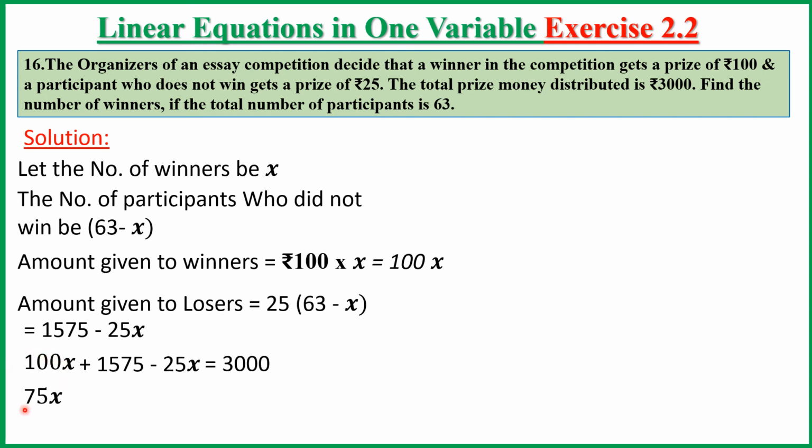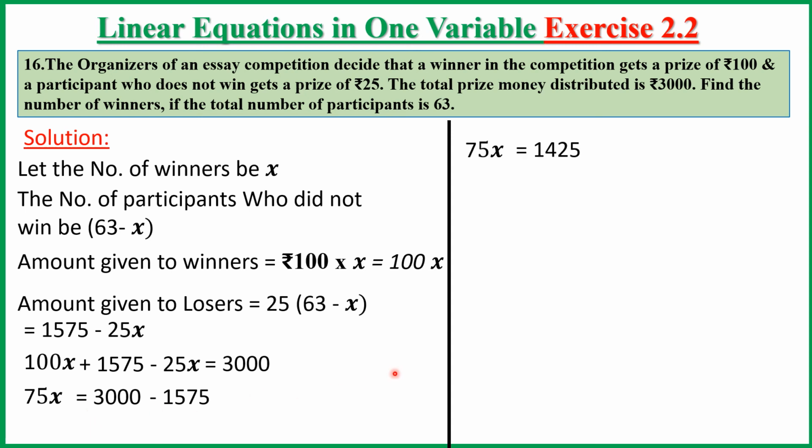So 75x is equal to 3000, and this 1575 when transposed to our right hand side will become minus 1575. So 75x is equal to 1425. So 75 is multiplied with x, and when it goes to our right hand side it will become division. So this can be cancelled, simplified, and our x is equal to 19.